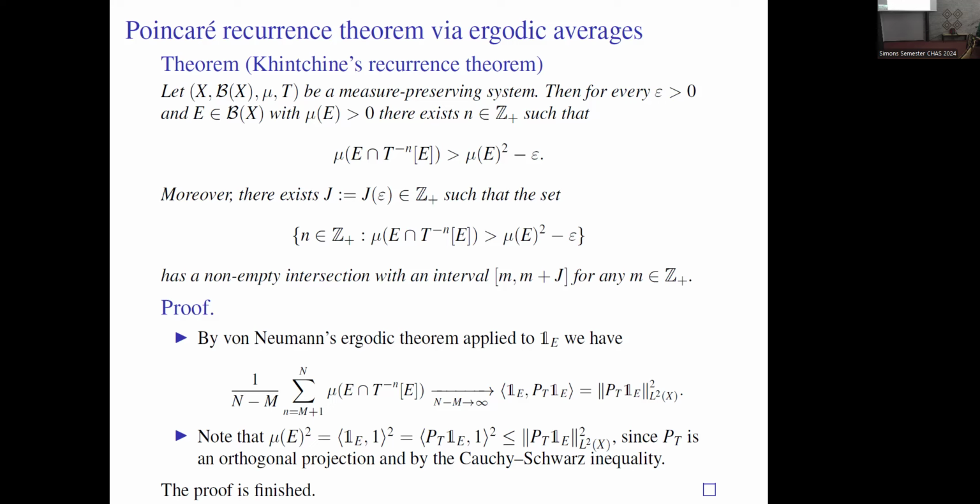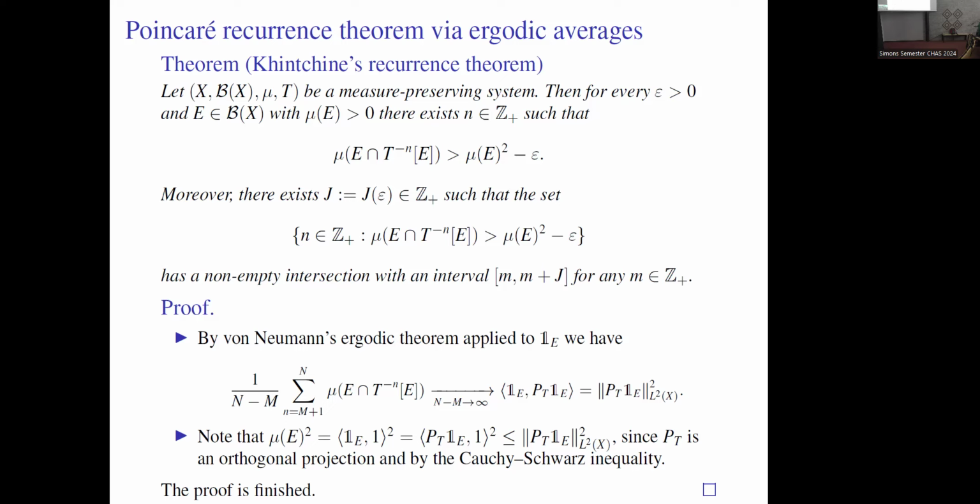Here we have some sequence of equalities, and this follows from the fact that we split this. One is in the space of T-invariant functions, so it is orthogonal to the orthogonal complement of this.